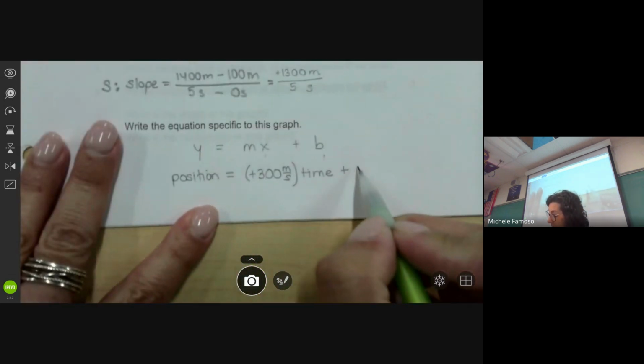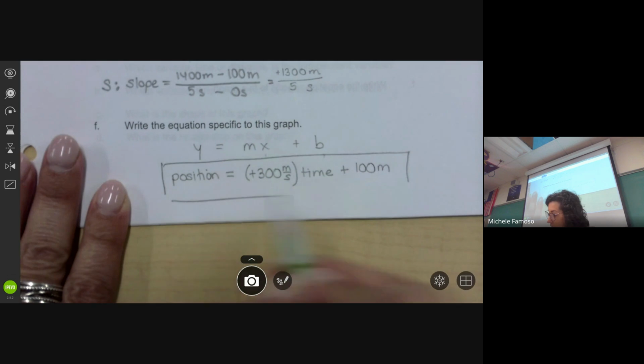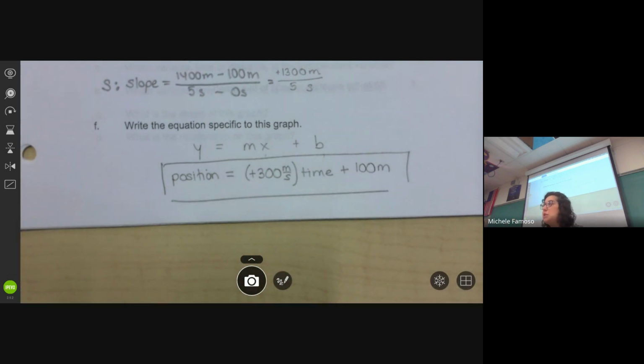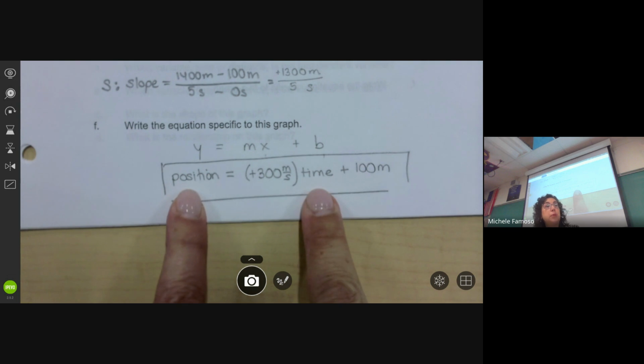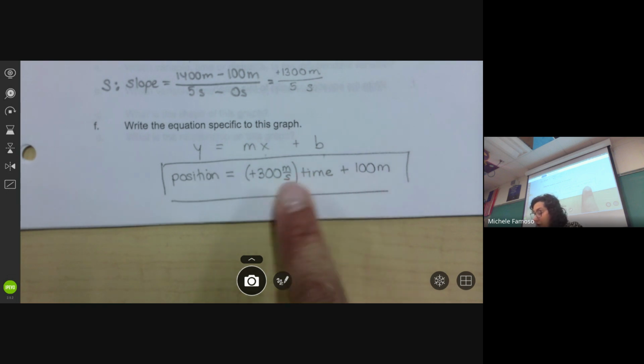Okay, so that is our y-intercept. That is the equation for this graph on page 17. It tells me what two variables were plotted on the graph. It's a position time graph that starts on the y-axis at a value of 100 meters, and it goes up 300 meters every second that it goes over. So it tells me exactly how to plot that line that's there.